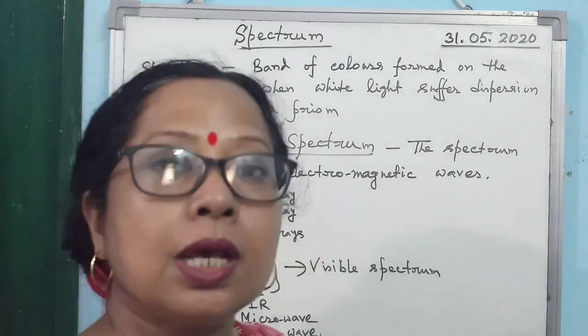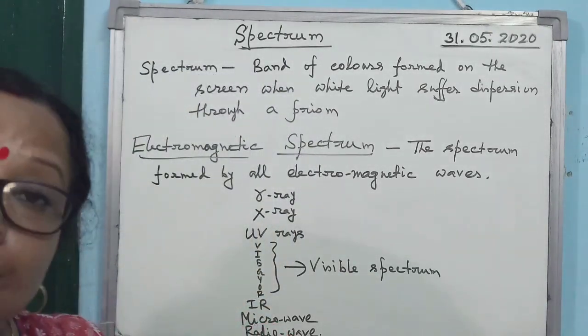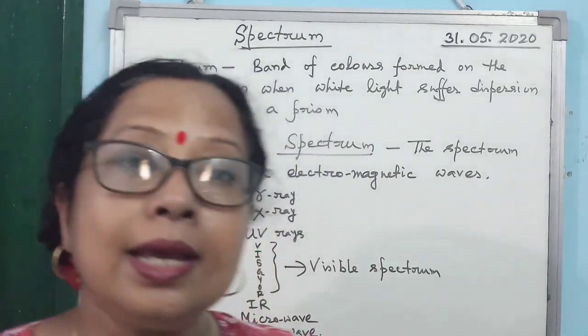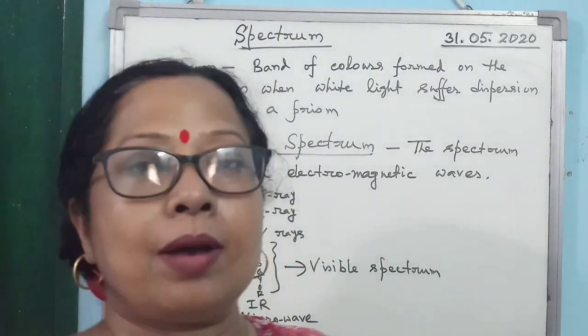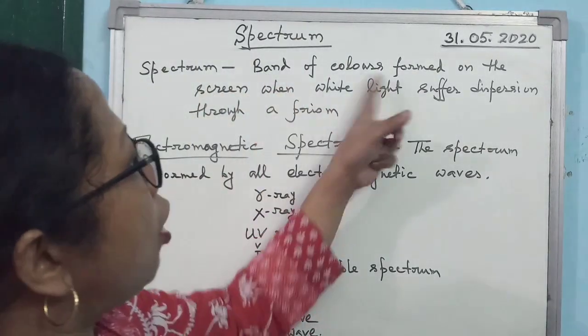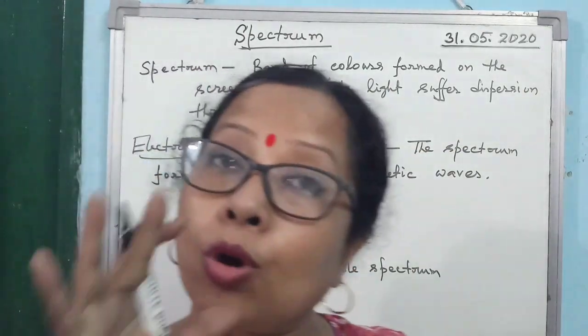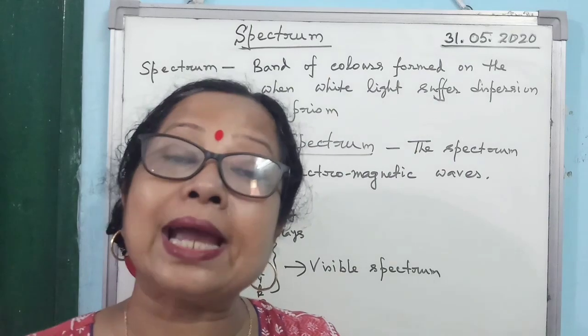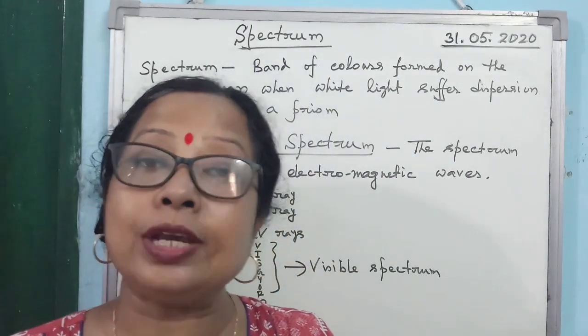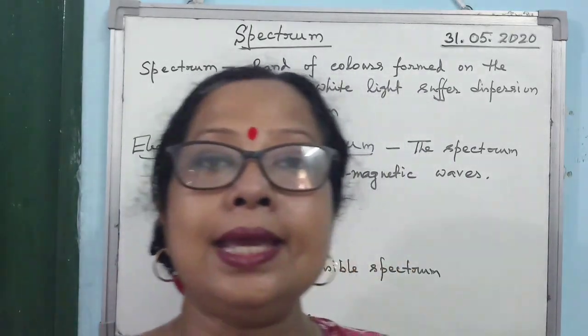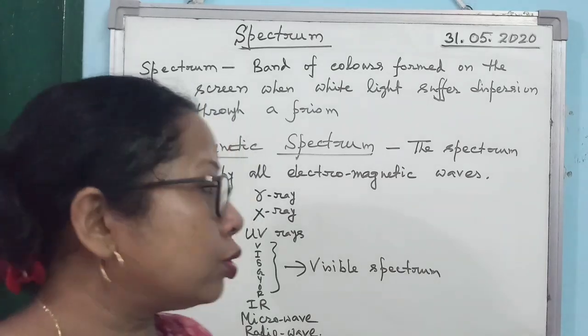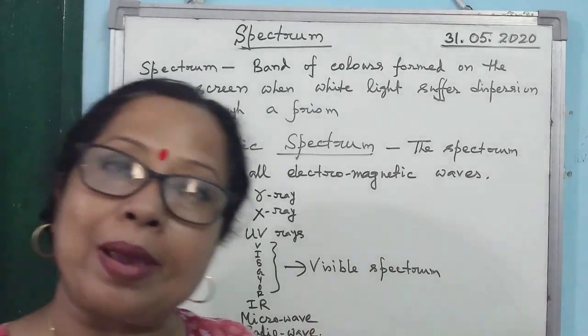The band of colors obtained on the screen after the dispersion of light is known as the spectrum. Now here, when you are talking of the spectrum, we are getting 7 colored bands on the white screen which you can see, which you can visualize. That's why this spectrum is also known as the visible spectrum.